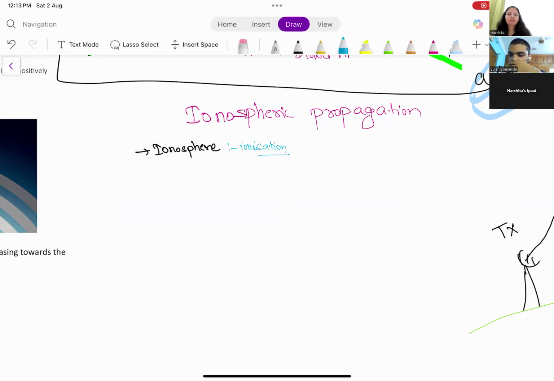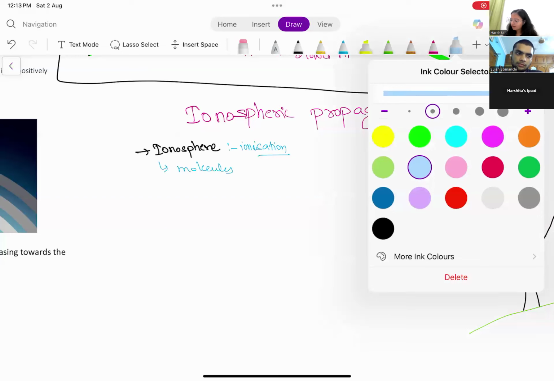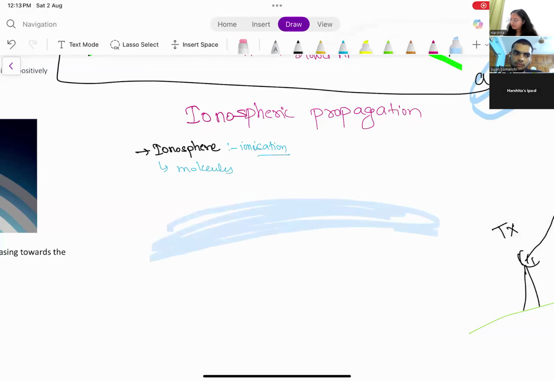And what is ionization? In the ionosphere, basically there are different molecules, correct? Let us make one ionosphere like this. Assuming this is the ionosphere, there are molecules existing nicely, not disturbing anyone, not doing anything, just existing.